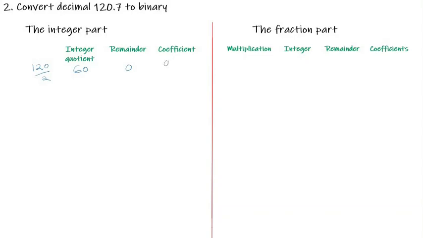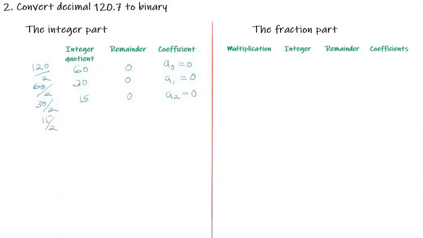Therefore, the coefficient a0 is 0. 60 divided by 2 gives the quotient of 30, remainder 0. Therefore, a1 is 0. 30 divided by 2 is 15, remainder 0, and therefore a2 is also 0.